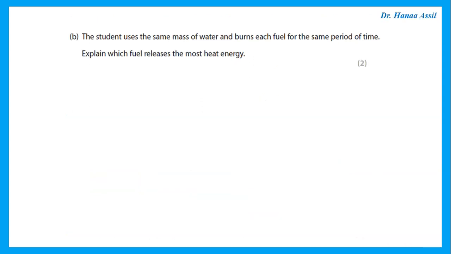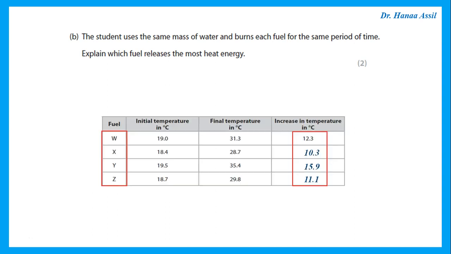The student uses the same mass of water and burns each fuel for the same period of time. Explain which fuel releases the most heat energy. So this was the table that we had. He used the same mass of water and he burns each fuel for the same period of time.